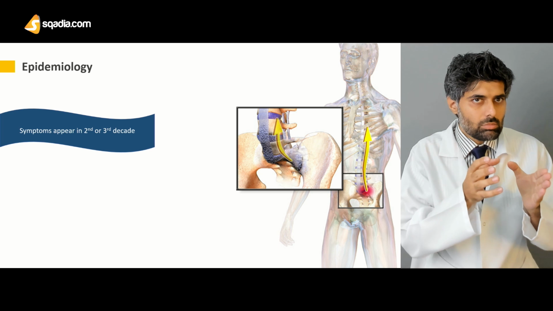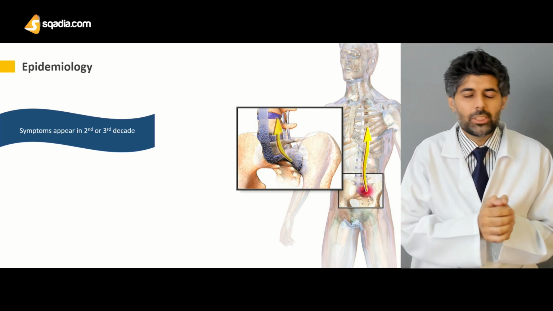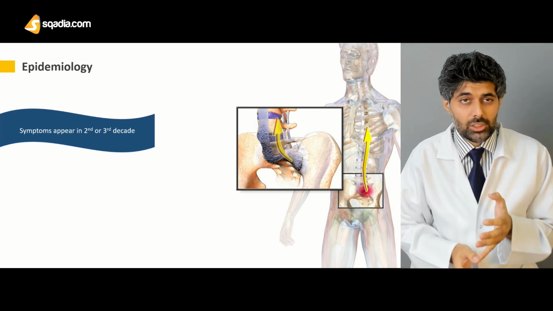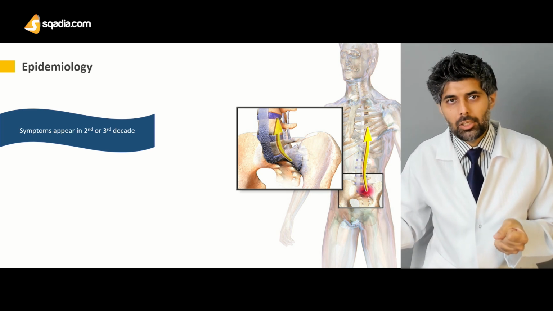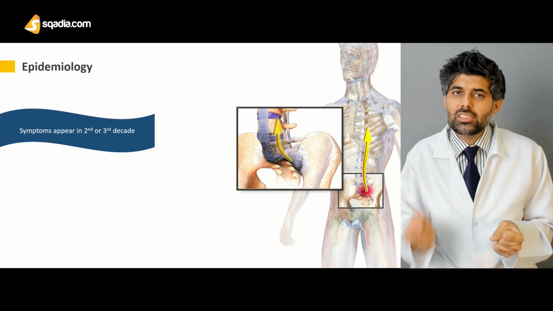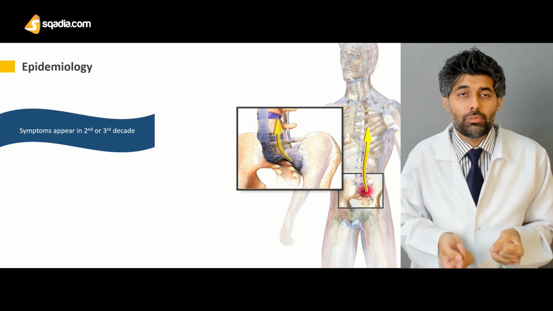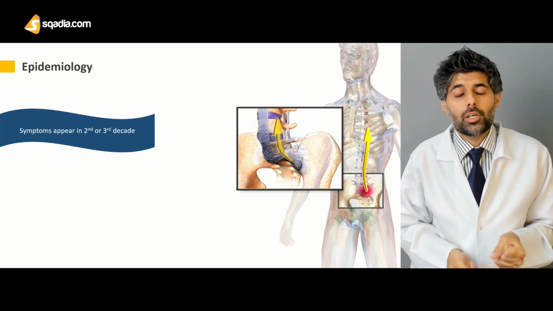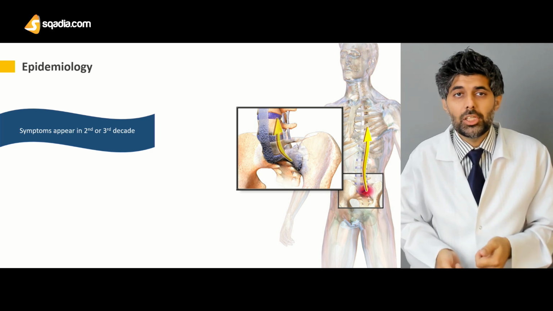So it's not a disease of children, it is not a disease of older adults. It usually starts during the second and the third decade. But do note that there is a subtype of ankylosing spondylitis called juvenile ankylosing spondylitis, which can start during both the pediatric age and the teenage years.